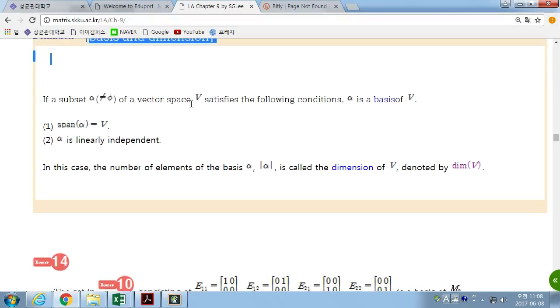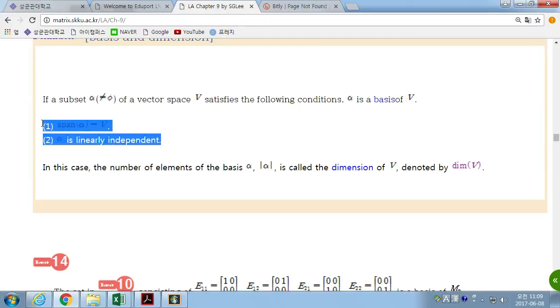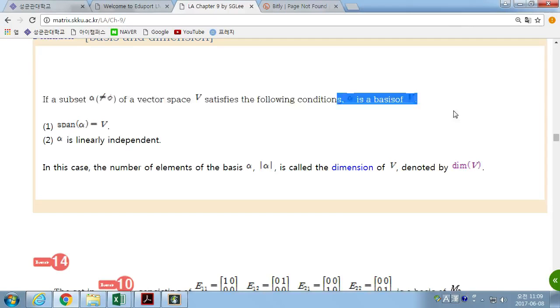Basis and dimension. If a non-empty subset of a vector space V satisfies two conditions, then we call it a basis of V. What are the two conditions to make a basis? One, it spans the whole set V. Next, it should be linearly independent.